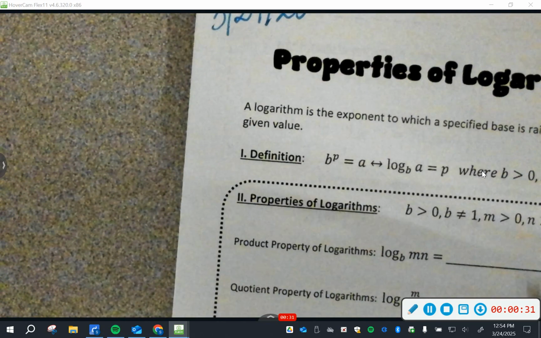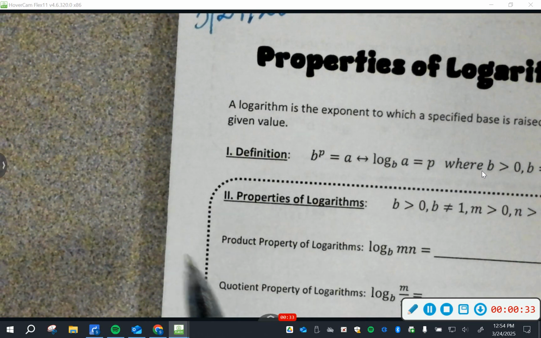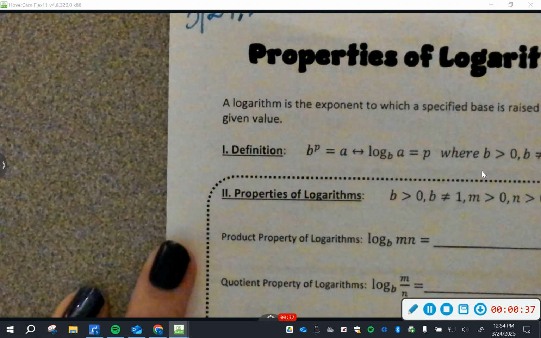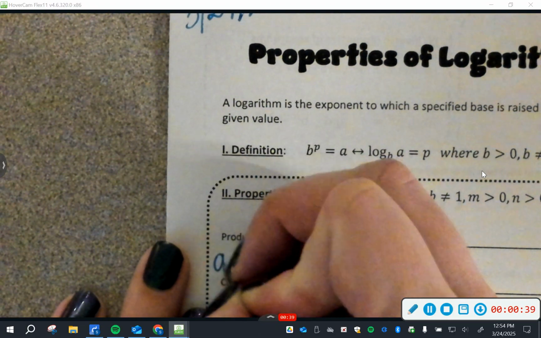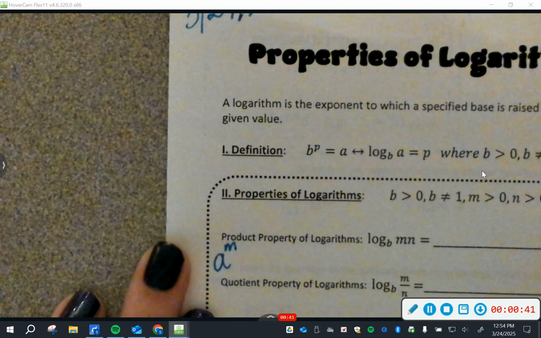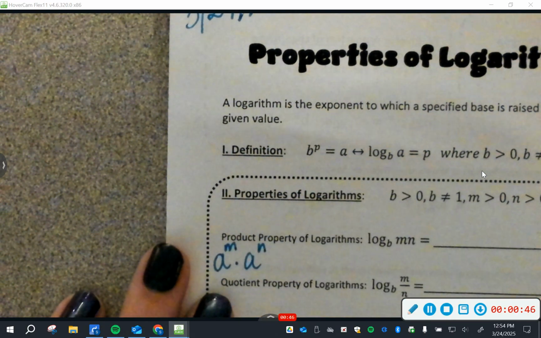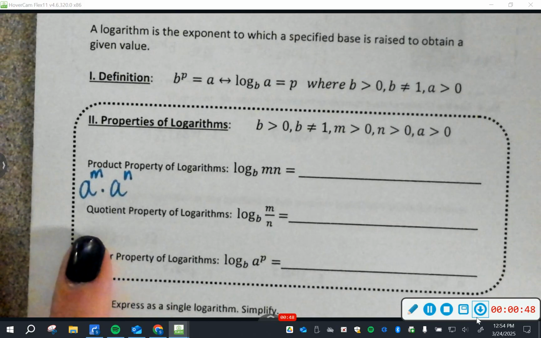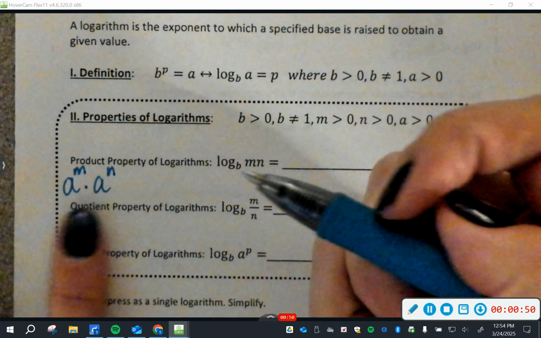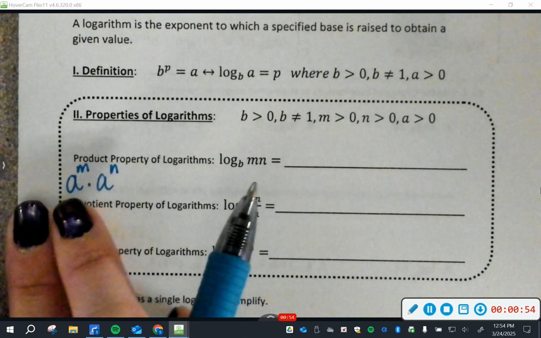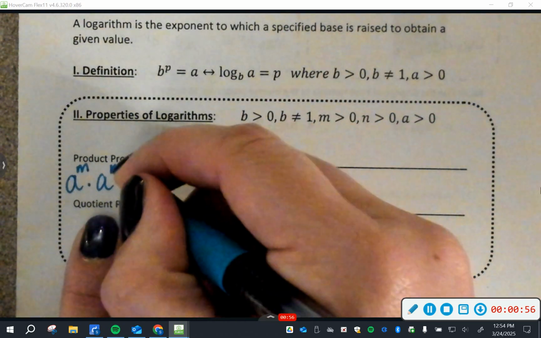Okay, now for every exponent rule, there's a log rule, okay? So I'm just going to write down the cousin, a to the m times a to the n, okay? So back in our exponent properties, when we were multiplying powers of the same base, remember what we did with those exponents?